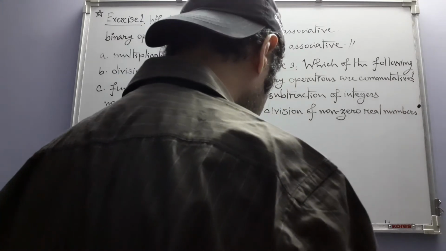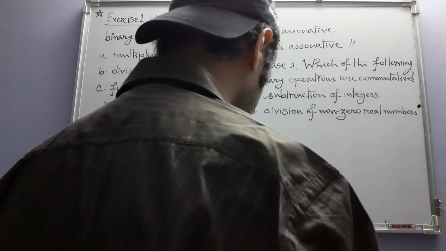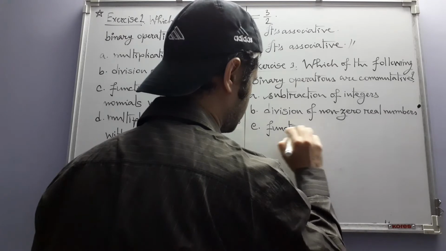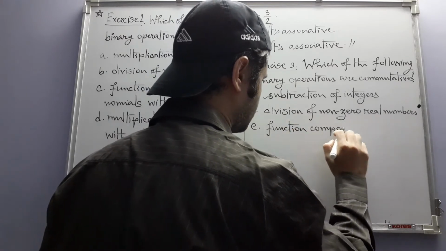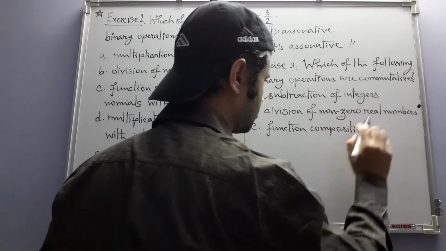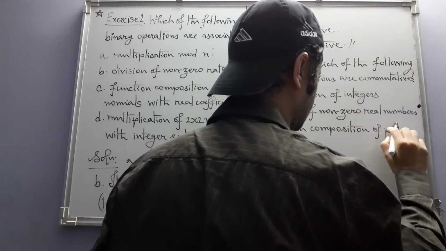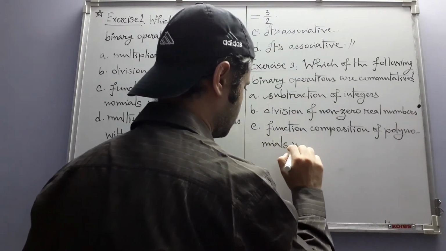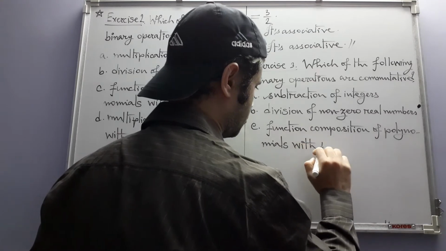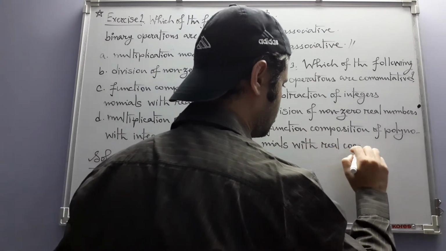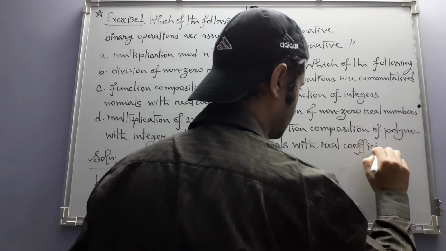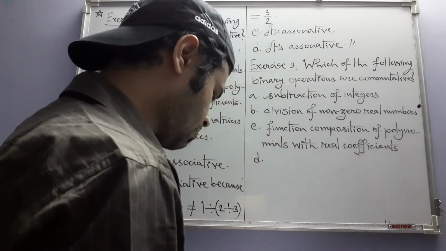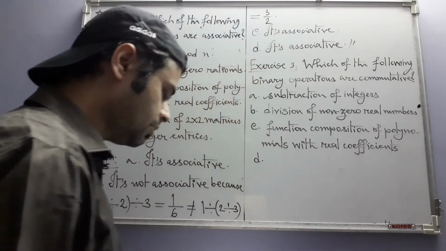Then part C. Function composition of polynomials with real coefficients. And the last one obviously is matrix. Yes, multiplication of 2 by 2 matrices, but now with real entries.